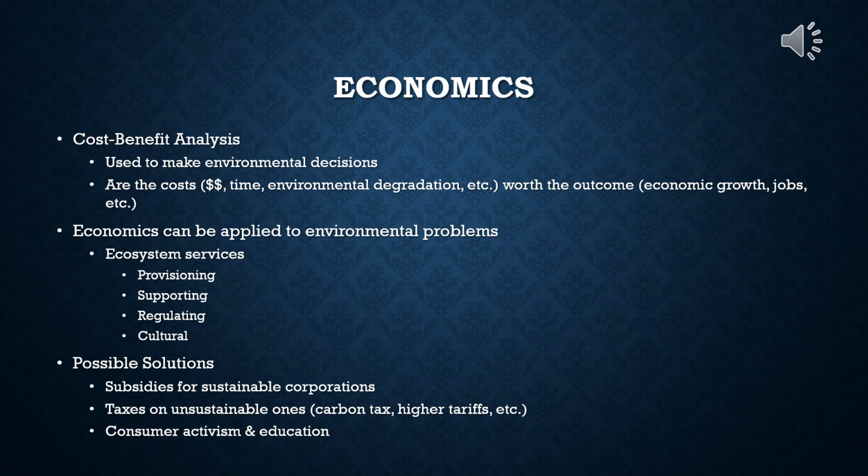And there are 4 types of ecosystem services: provisioning, supporting, regulating, and cultural. These ecosystem services all do a job for the animals and plants that live on this planet besides us, but we can also figure out how much monetarily we are gaining by using these resources.